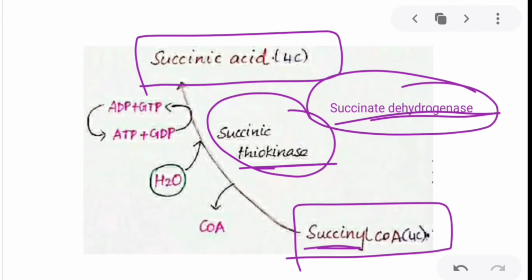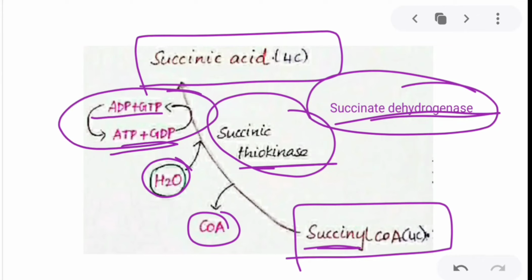And here we see that the water is added and the coenzyme A is released, and here the ATP and the GDP is converted to ADP plus GTP. So eventually here we see that the ATP is consumed here, but it's not like that. We get an ATP here. The reason is this gets recycled. To be more clear, we see here that the ATP plus GTP is not consumed only, it's also formed here.